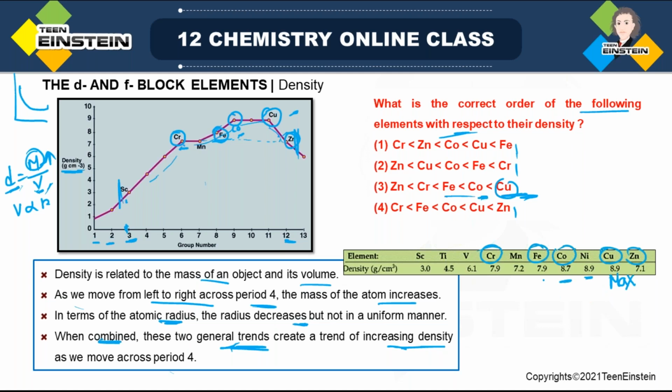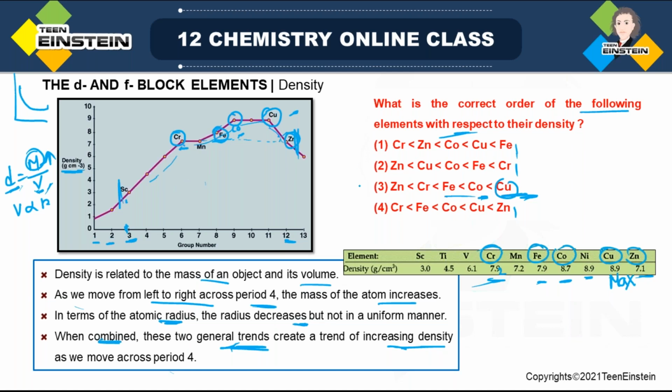Then iron 7.9, and after iron, chromium and Zn, both actually have almost the same value. So that is why from the graph it seems as if they are the same, but actually it is slightly different.